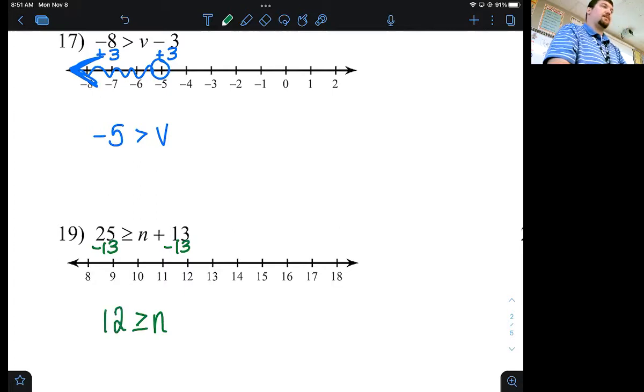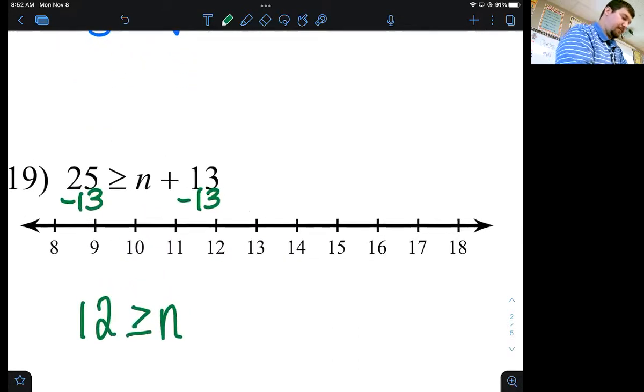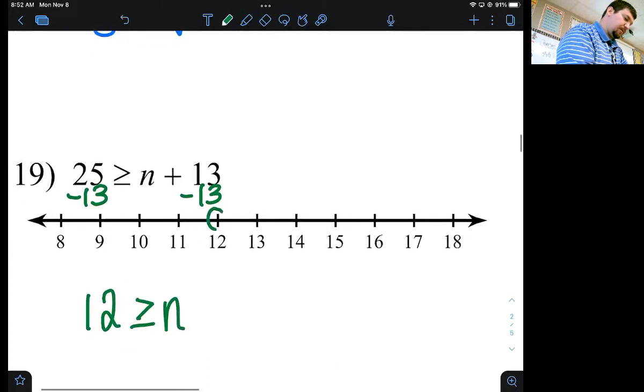Good job. All right, so there's my answer. Georgia, do I put an open or closed circle around the 12? Closed, good. It's got the equal bar. And then Georgia, is N bigger or smaller? So shade to the left. Good job.